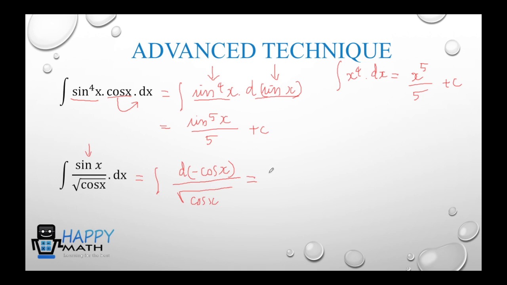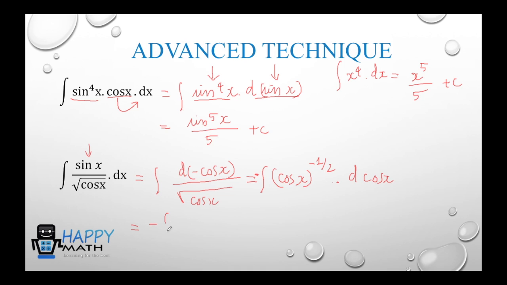So minus 1 over the square root of cos x means cos x power minus 1 over 2 times d of cos x, and maybe you forget the minus sign, so I take the minus outside of the integration.